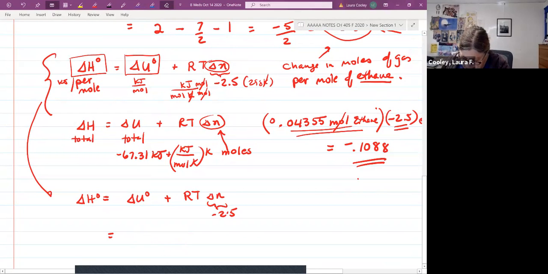Sorry, wait. Negative 154. Let's call it 1548 kilojoules per mole. And then do my calculation here.